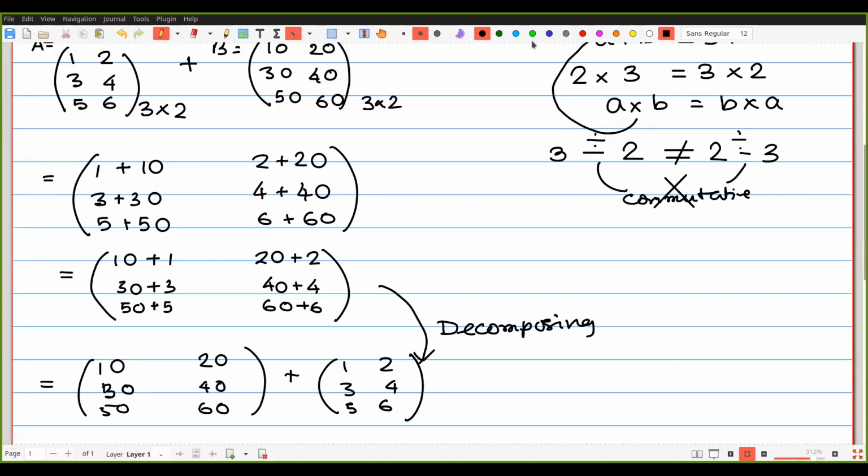So at first we had A plus B, and that is equal to B plus A. So we may say the matrix addition A plus B is equal to B plus A, which follows the commutative law.